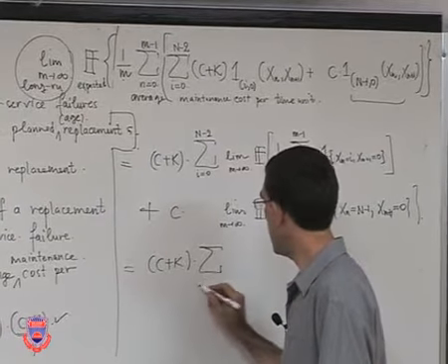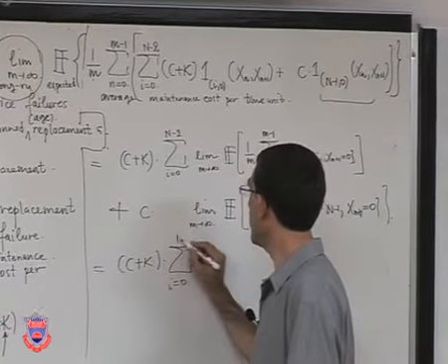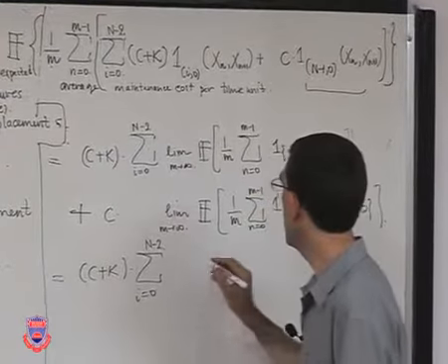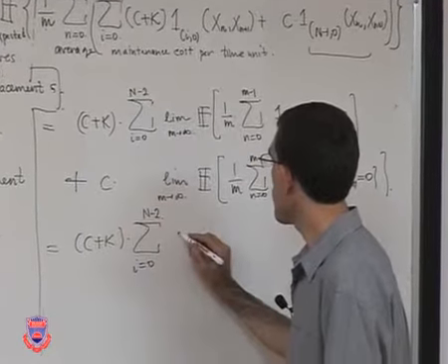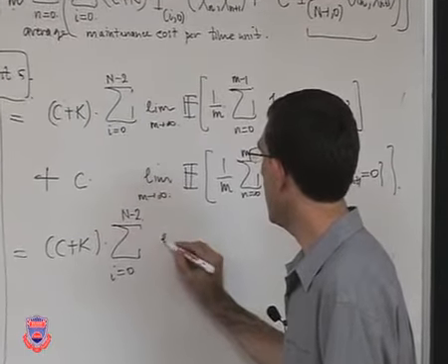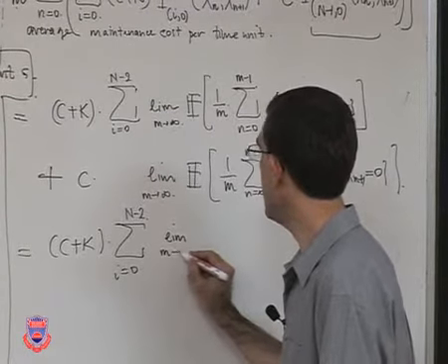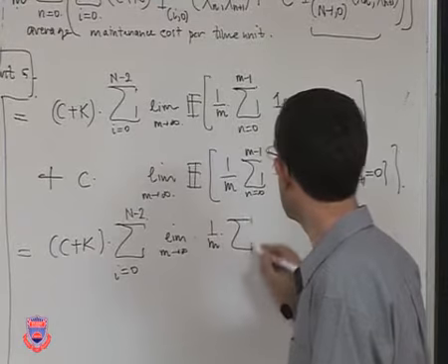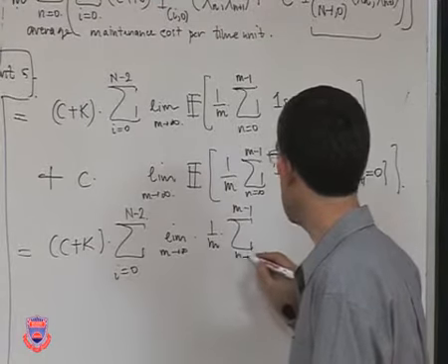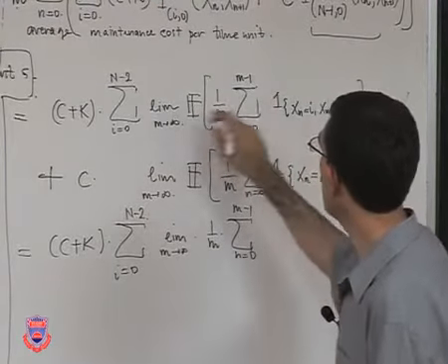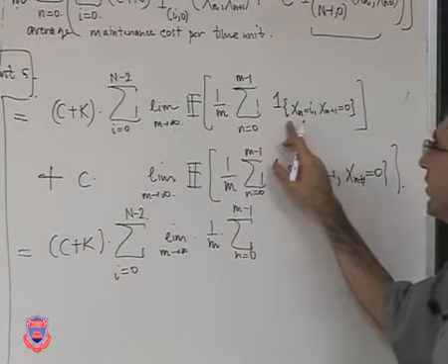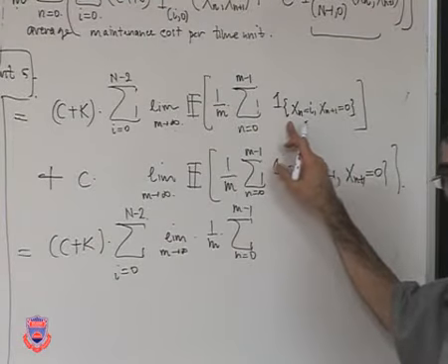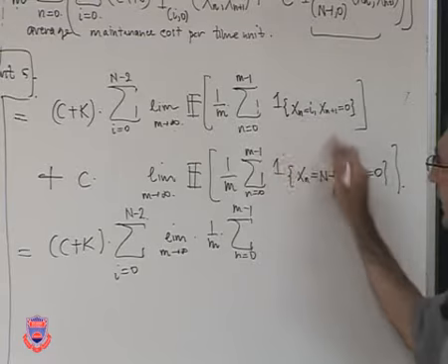This sum is over the state space, so I'm not going to touch it for the time being. Then I have the limit as m goes to infinity of 1 over m times the sum. Now I take the sum outside and the expectation inside. The expected value of an indicator random variable is the same as the probability of the event sitting here.